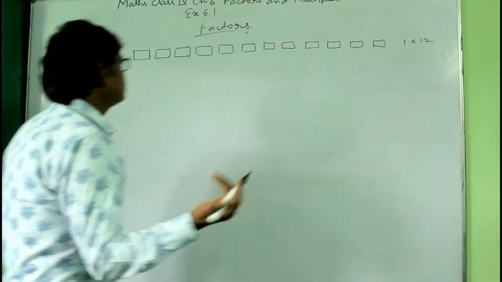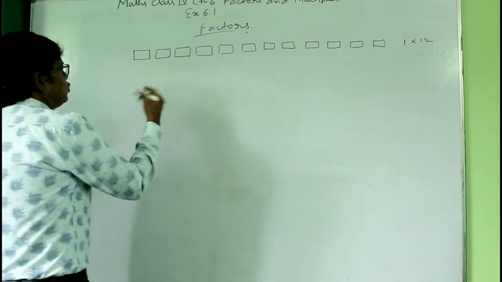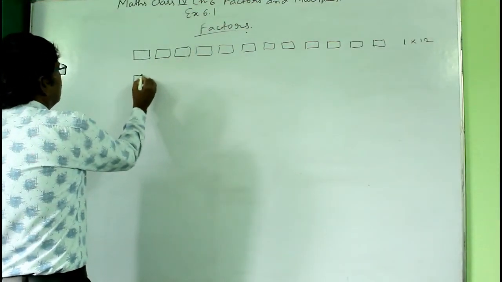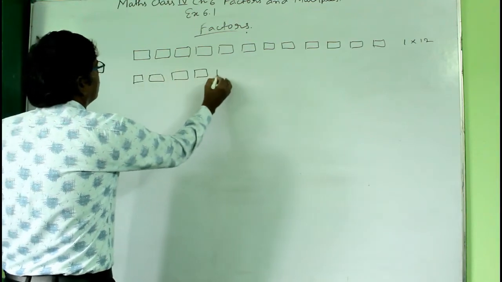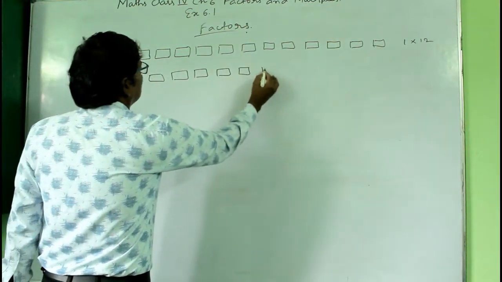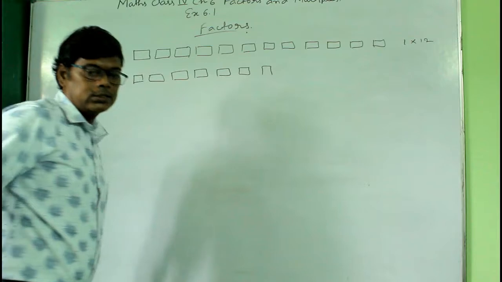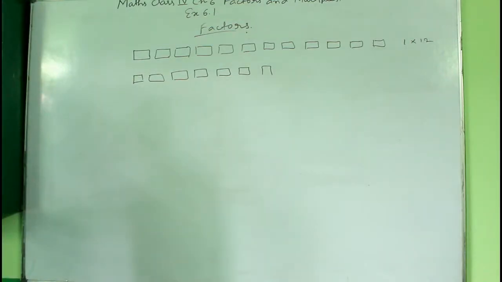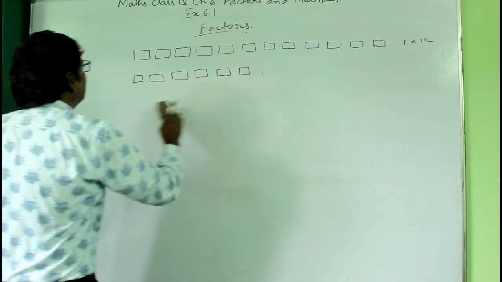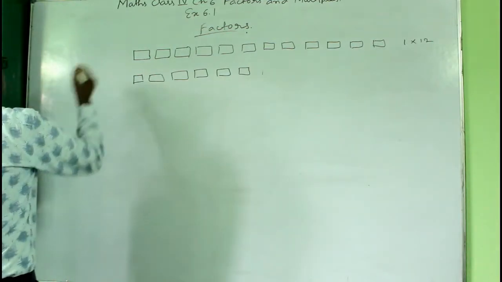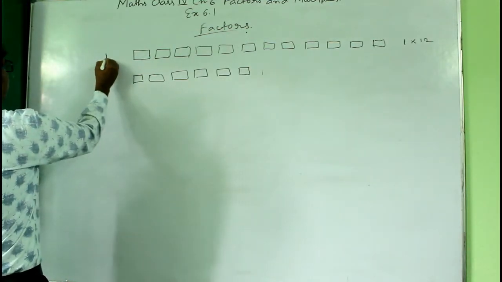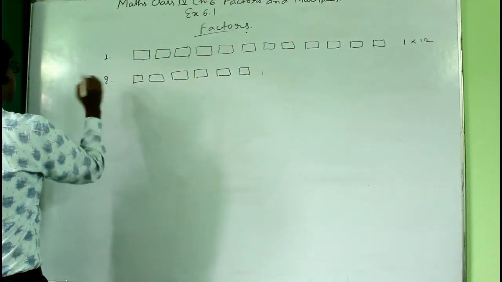Next we can arrange that into two rows. One chocolate, 2, 3, 4, 5, 6, only 6 are there in one row. This is the first arrangement and this is the second arrangement.